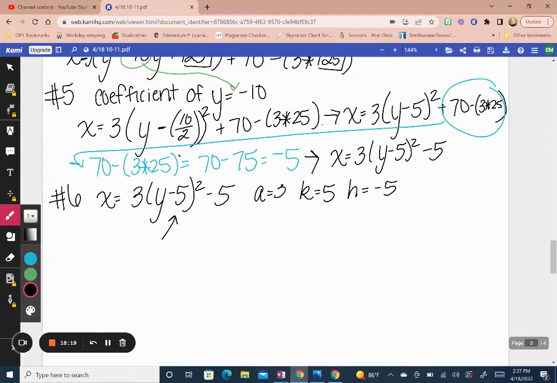Remember, this is your K, this is your A, this is your H. In your vertex form, it's y minus k. So if you see a minus k, that means your k has a positive value, okay? So it means my vertex is equal to negative 5, and my axis of symmetry is when y is equal to k, so y is equal to 5.